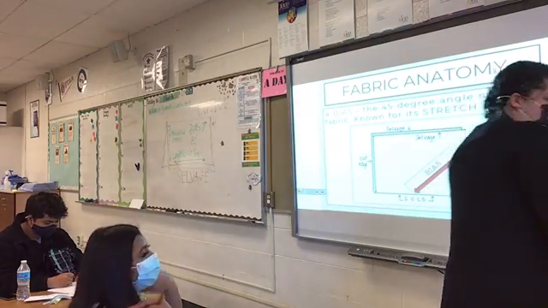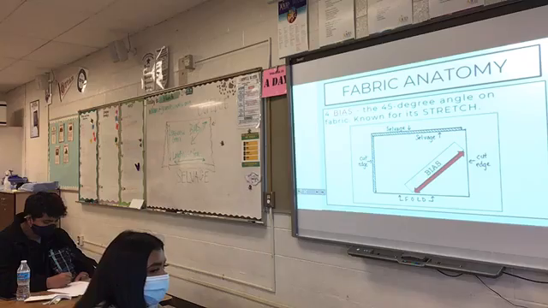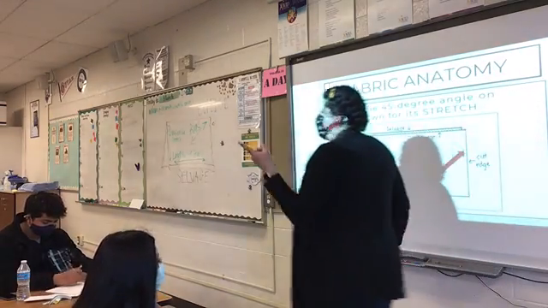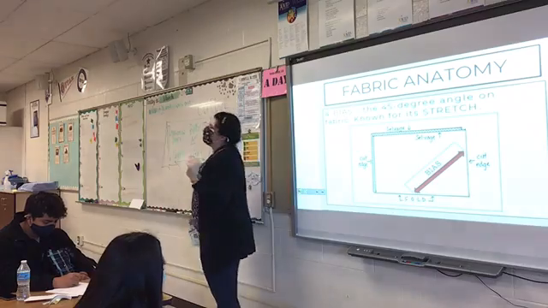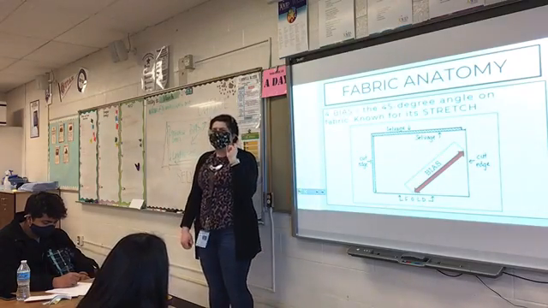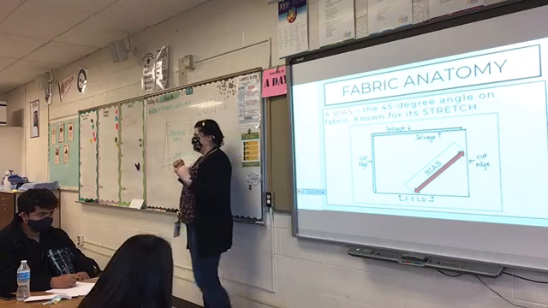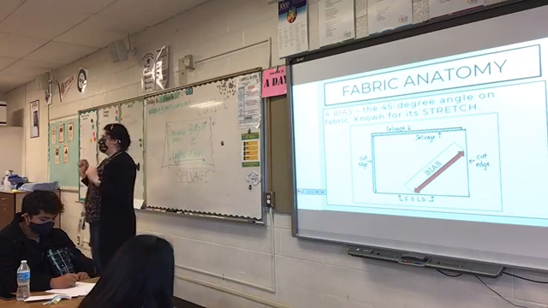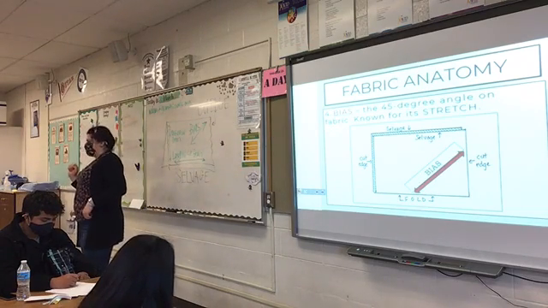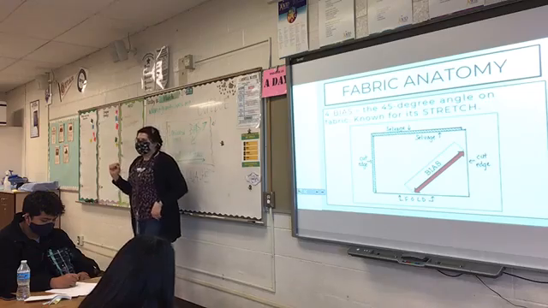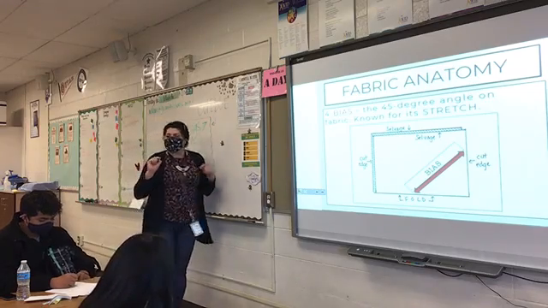Okay. What is the difference between synthetic and natural fibers? Synthetic fibers are man-made, but natural fibers come from natural resources like animals and plants. Good. So this is the first question on your quiz.